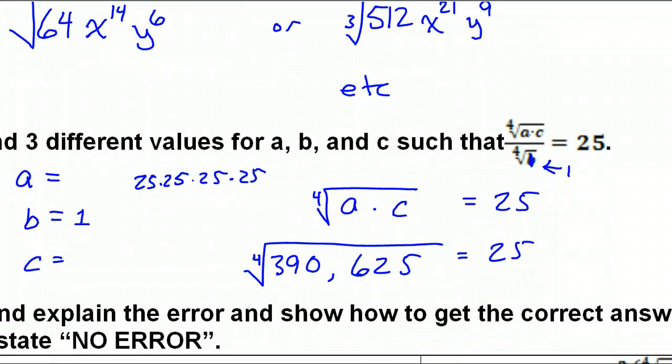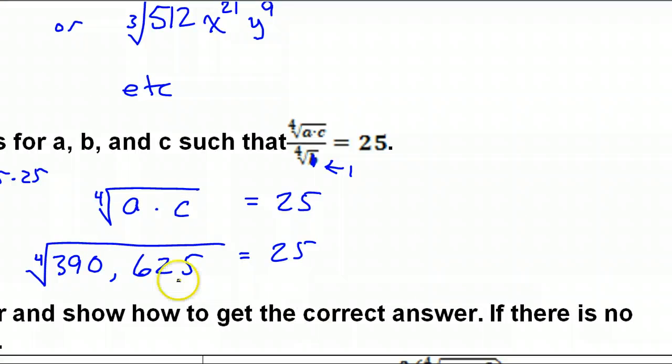The easiest way to figure out what that is is to divide. I'm betting that this is divisible by 25. Well, it kind of has to be, because it's 25 to the fourth power. So let's just divide this thing by 25.